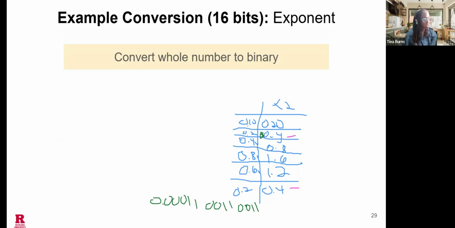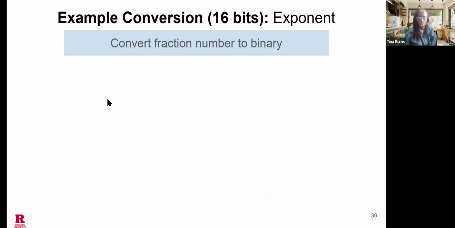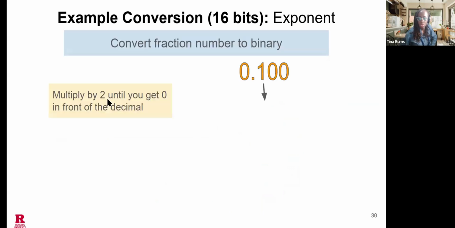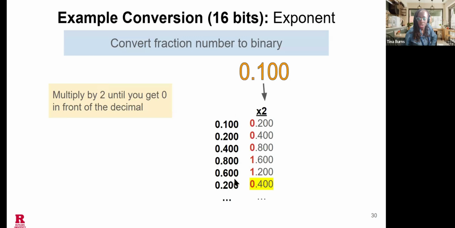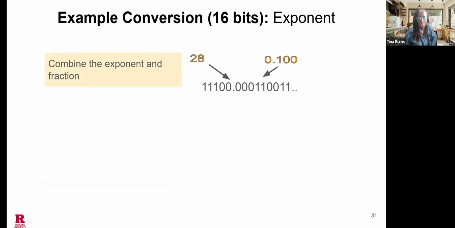All right, now you'll see where you get this number. Everything repeats. This is what you're going to get when you have it in binary.